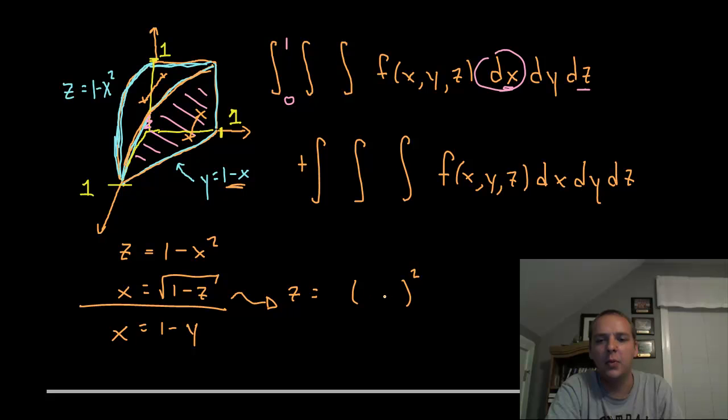Now, if we're going to take 1 minus y quantity squared, then I might as well just say y minus 1, because the order doesn't matter. If it winds up negative, I'm going to square it anyways, so it'll be positive. So y minus 1 looks a little bit better. And then it'll be negative, and then plus 1. So you can check my algebra if you want to take an extra second to do that.